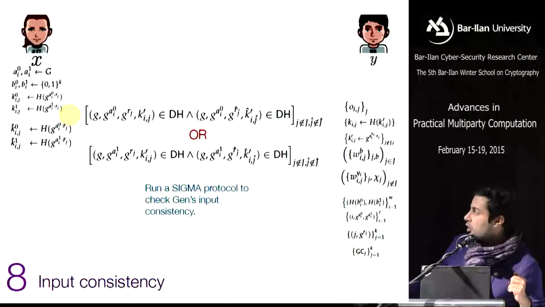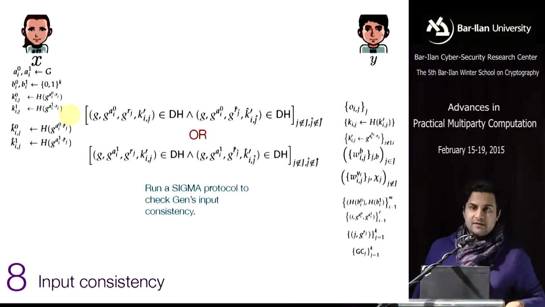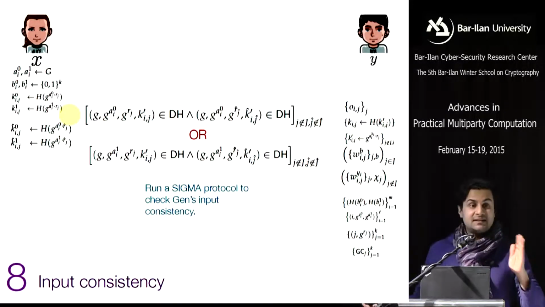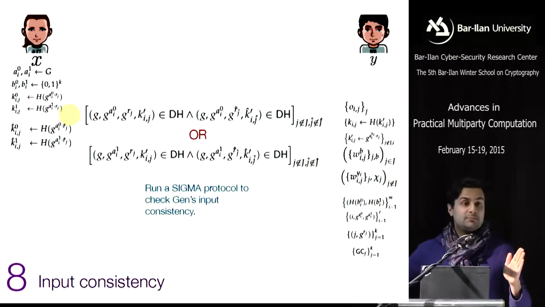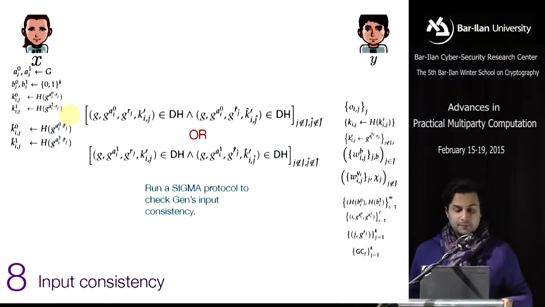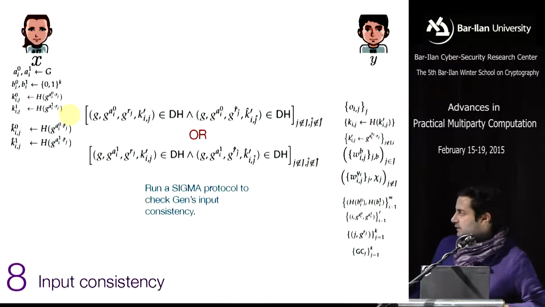So either all of the zero input wires are the same or all of the one input wires are the same. And this is because the same AI is used for all the input wires. The only difference in each of the copies of the circuit is the R. So this is a special sigma protocol that's reasonably efficient and requires a linear number of exponentiations in order to check the input consistency.